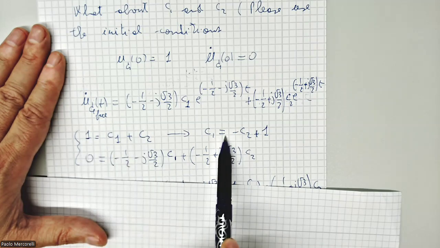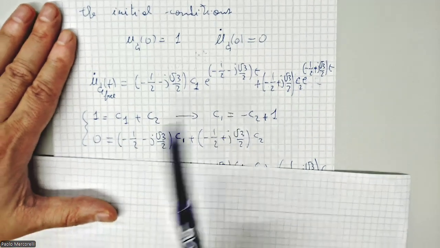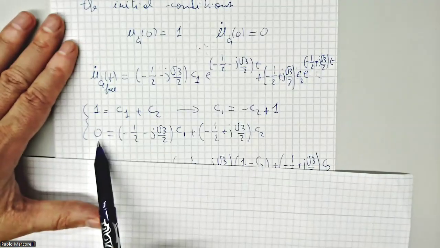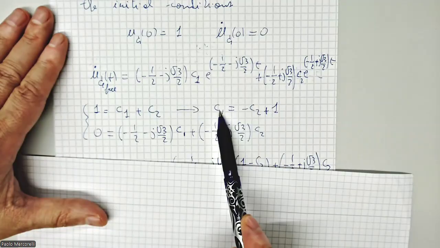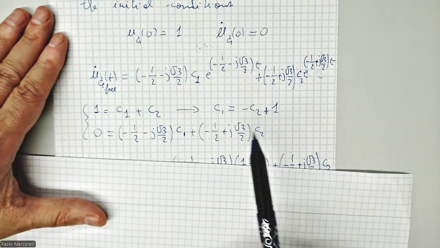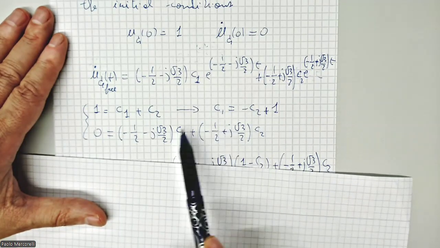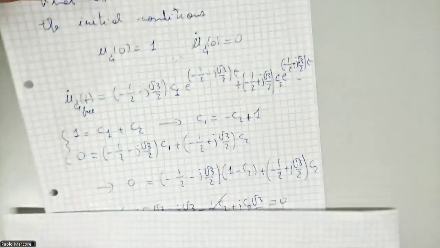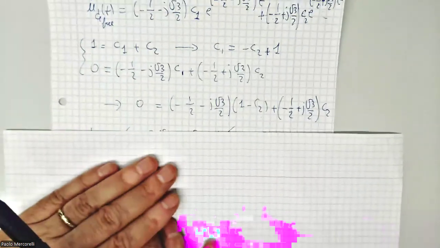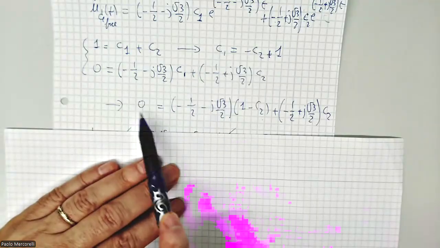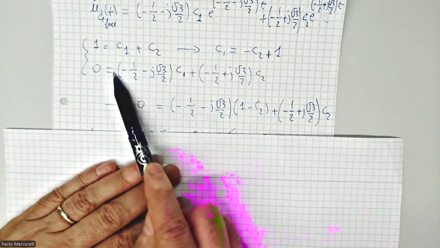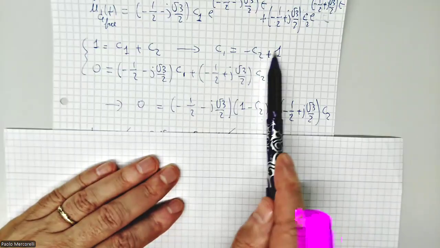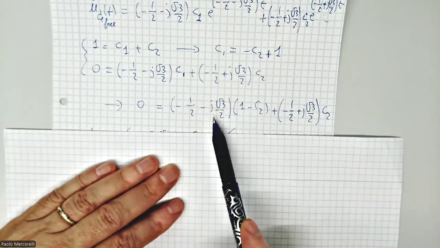From here to here is easy to calculate. And then I will plug in exactly this C1 here, and I will obtain this 0 remains, of course, equals this part, which multiplies C1, which is 1 minus C2.